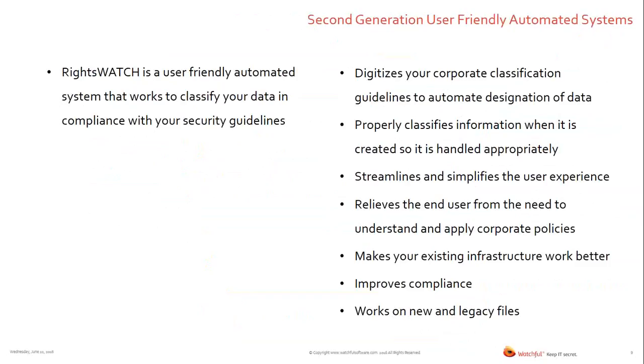So if you have a corporate classification policy that is 1,000 pages, it takes this information and distills it down and applies the rules across every piece of information that's being created, be it an email, a document or plans or that sort of thing.